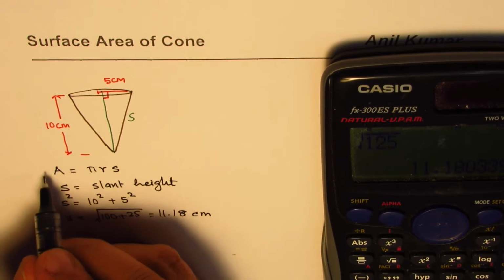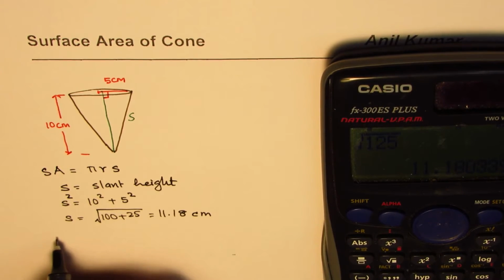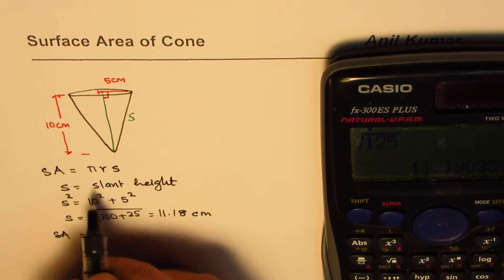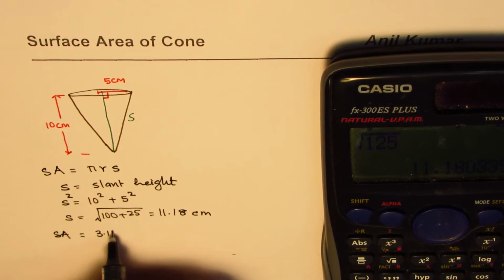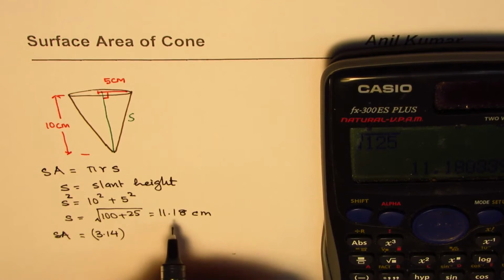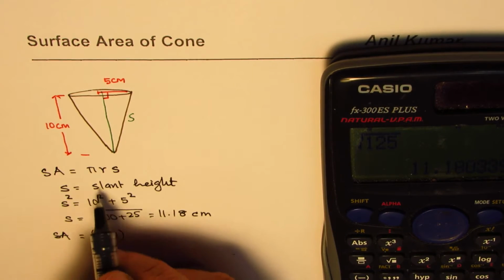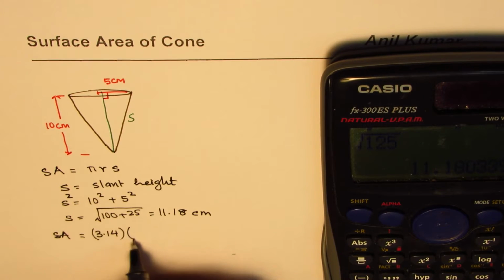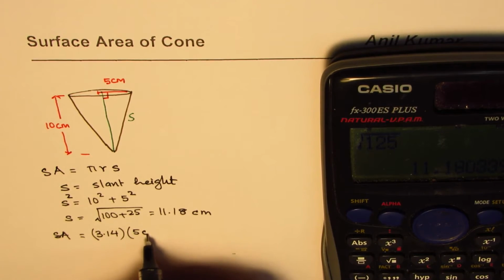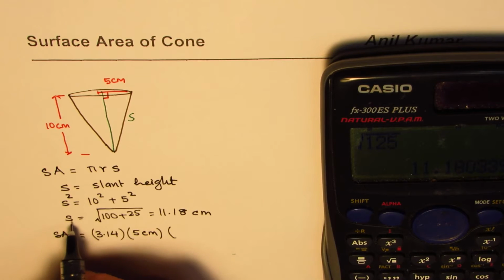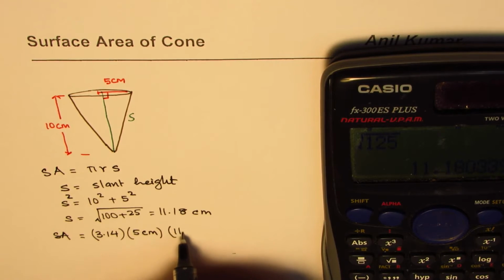The surface area will be equal to pi, which is 3.14 to two decimal places, times the radius, 5 centimeters, times the slant height, which is 11.18 centimeters.